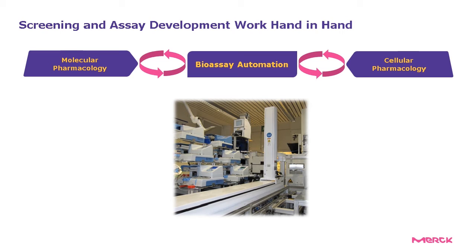Molecular pharmacology is basically setting up biochemical assays, and cellular pharmacology is dealing with cell-based assays. And we are setting up these assays then to run in high throughput screening. And the bioassay automation group is then actually running these screens on the machines.